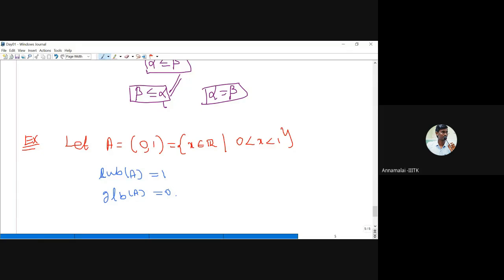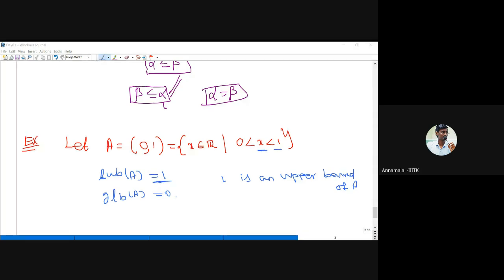So how to prove this one? Every element of A is less than 1. Therefore clearly 1 is an upper bound of A. Now what do we have to prove? We have to prove 1 is the least upper bound. So how do we prove 1 is the least? Suppose we take another upper bound for this set, say 2, and then 1 is less than 2.